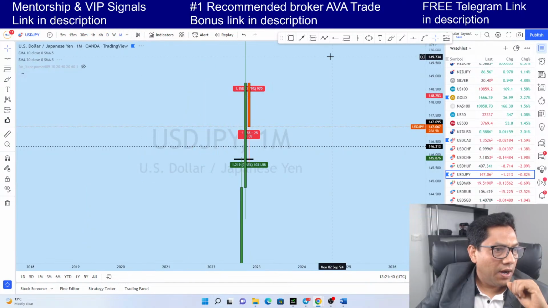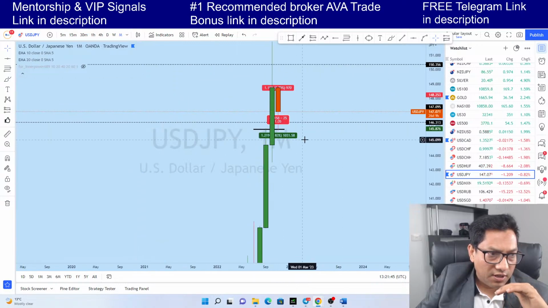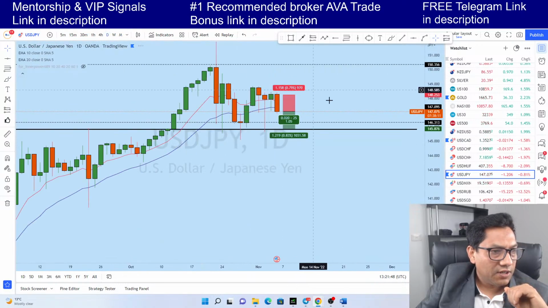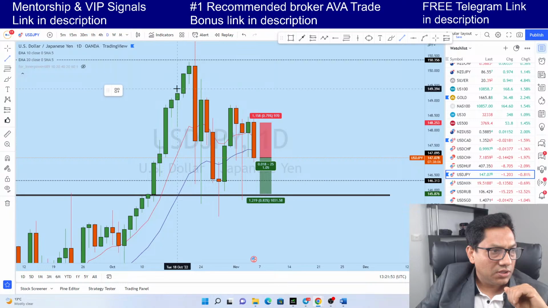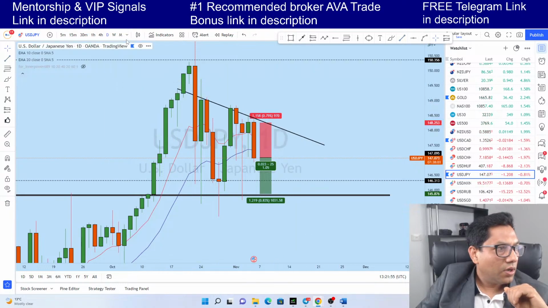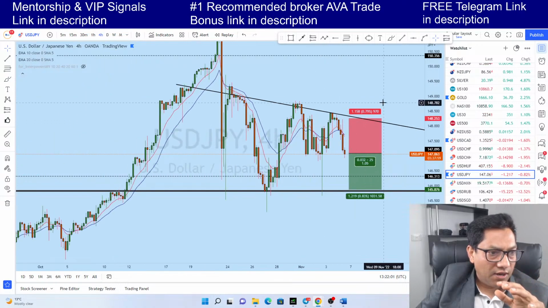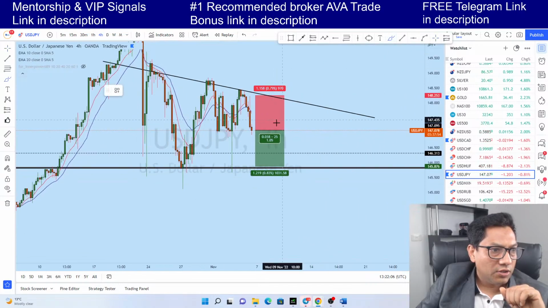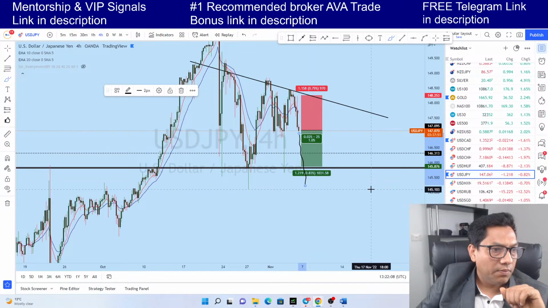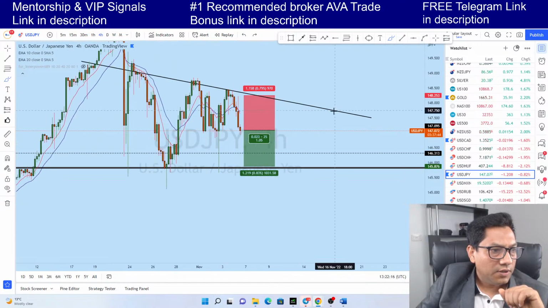Okay, if we look at the monthly, this is long-term bullish, but we see that the price is overextended. If you look at the daily time frame, the resistance has not been broken. Okay, so on the intraday there is a bearish candle. So on dollar yen we could slowly see some movement, and we can take advantage of that.